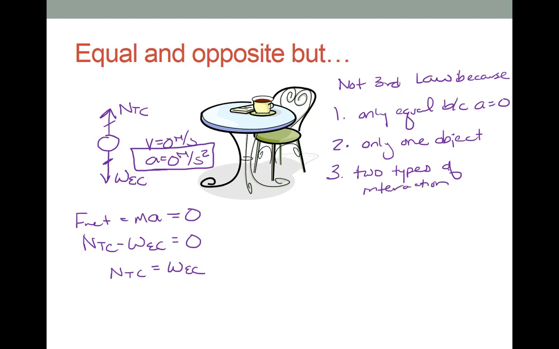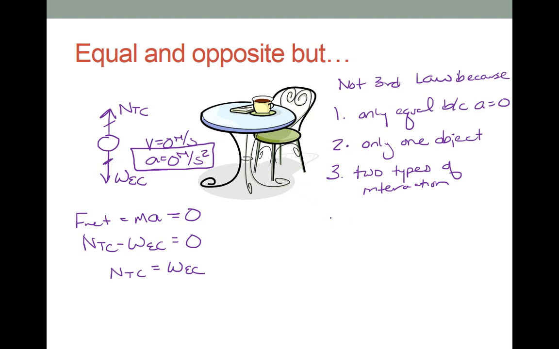Well, one of these interactions is a contact force, the normal force. The other one is a non-contact force, the cup's weight. For a third law force pair, you must result from one interaction between two objects. So we have two different types of interactions here.